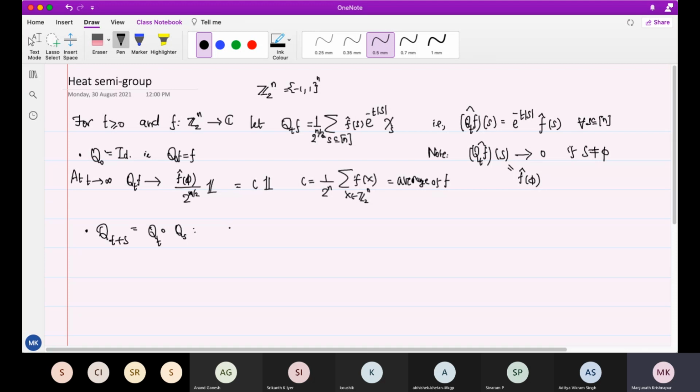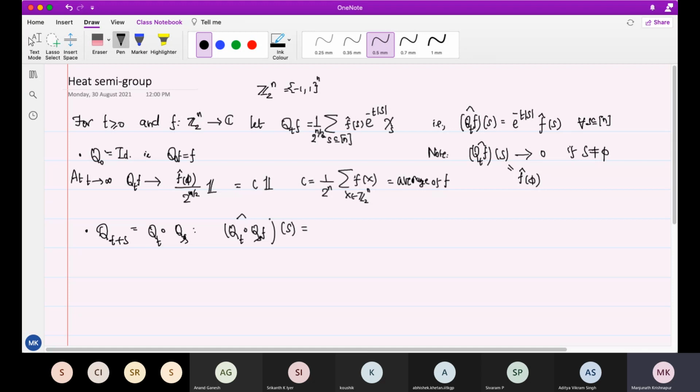Okay, because what happens if you apply Qt compose Qs f? So what is the Fourier transform of this at a subset capital S? Okay, so this is small s, this is capital S.